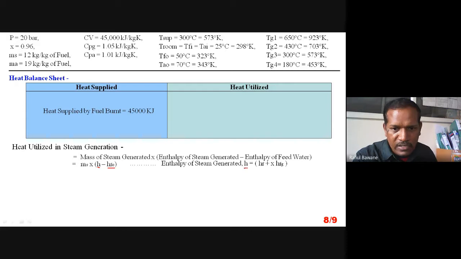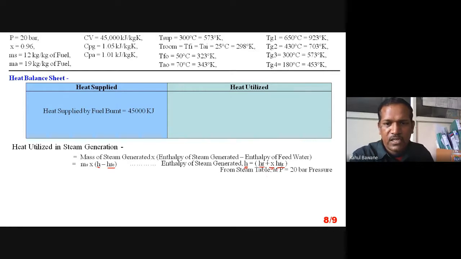So how do we calculate this enthalpy? Enthalpy of steam generated is the addition of enthalpy of fluid plus enthalpy of wet steam. But how wet is that steam? It is according to the dryness fraction X. So enthalpy of steam generated is the addition of enthalpy of fluid plus the product of dryness fraction and enthalpy of the mixture of fluid and gas, HFG.